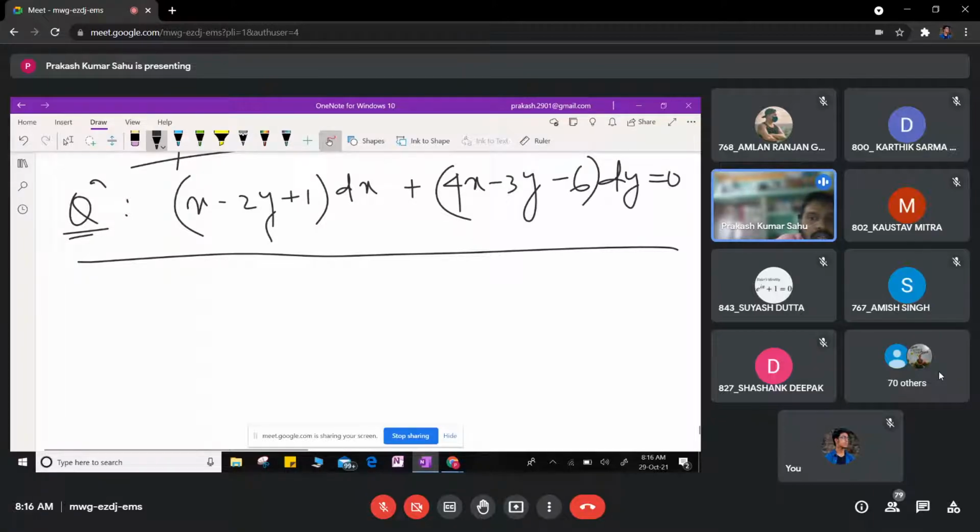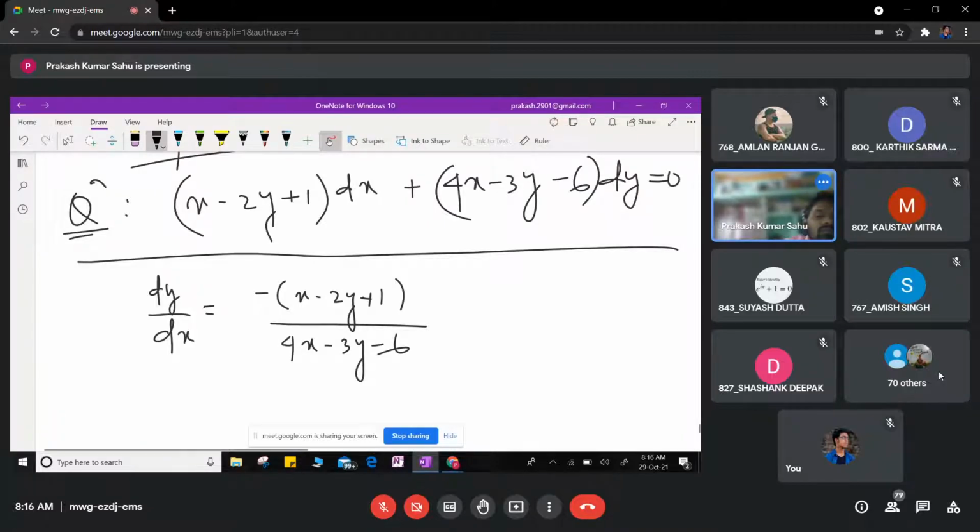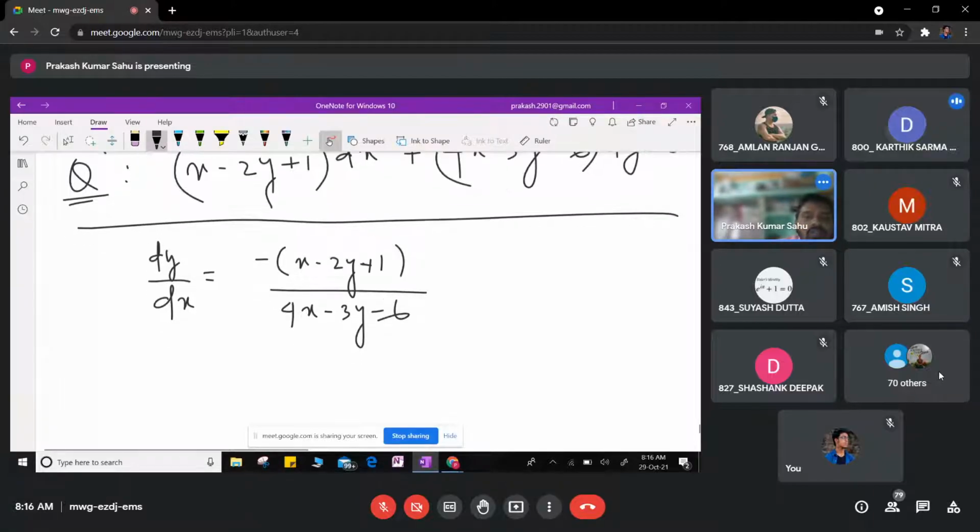If you write it in terms of dy by dx, then dy by dx is equal to minus (x minus 2y plus 1) divided by (4x minus 3y minus 6). Is it correct? Yes, sir. If you simplify again, taking the minus inside: (minus x plus 2y minus 1) divided by (4x minus 3y minus 6).